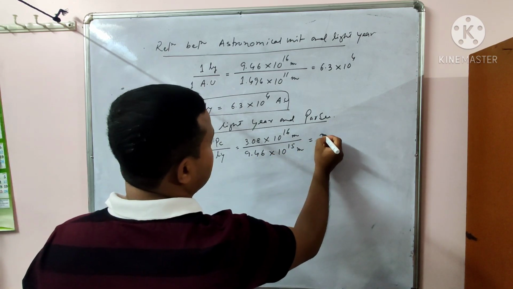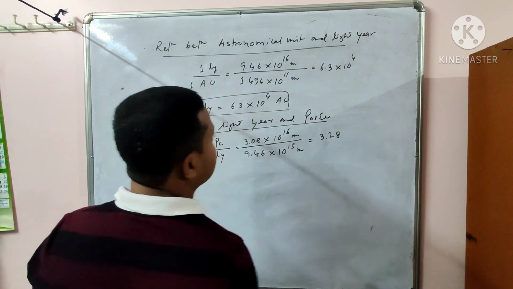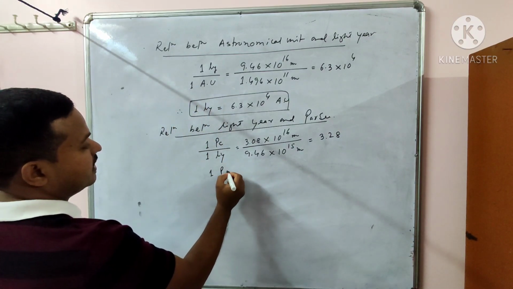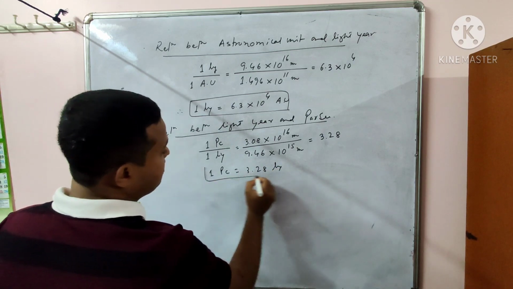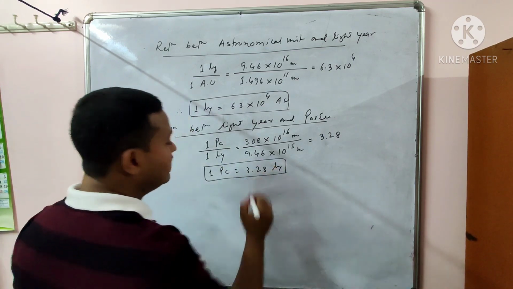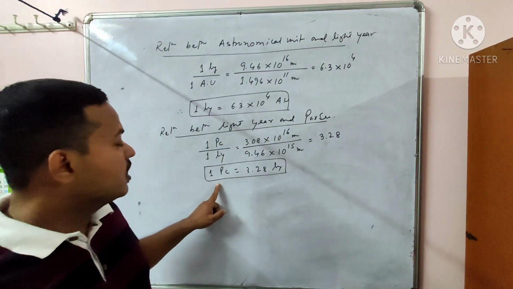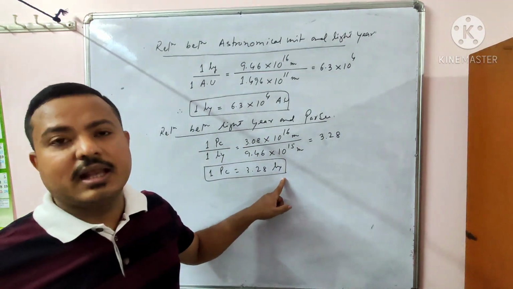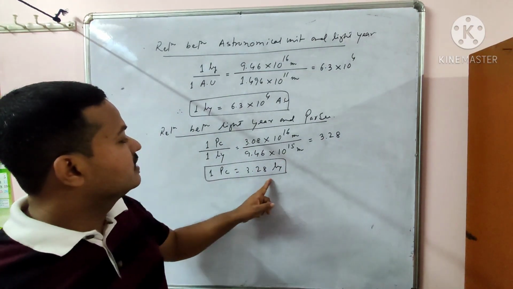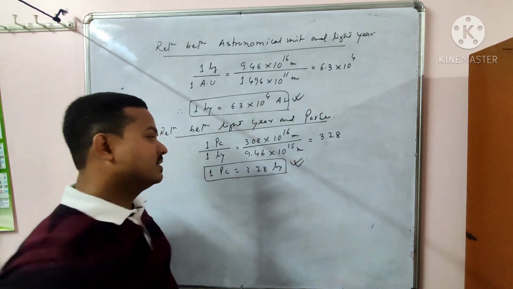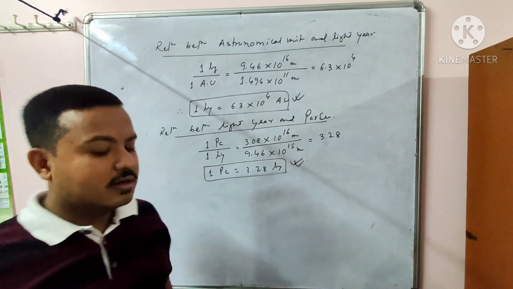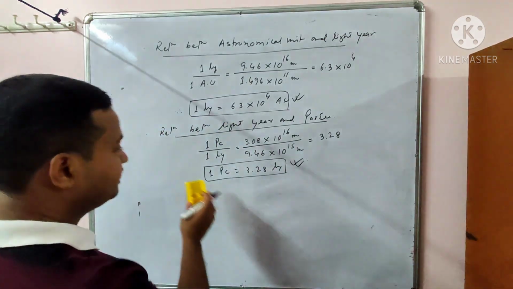If we divide, it comes to be simply 3.28. So 1 parsec is equal to 3.28 light year. Here also just remember this value. This is the relation between parsec, light year and astronomical unit.